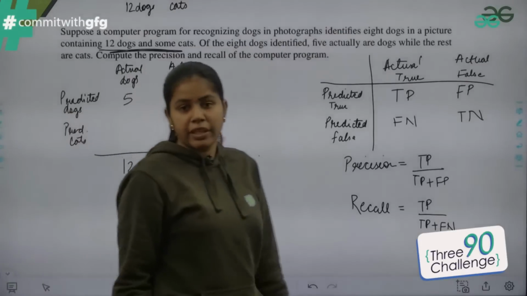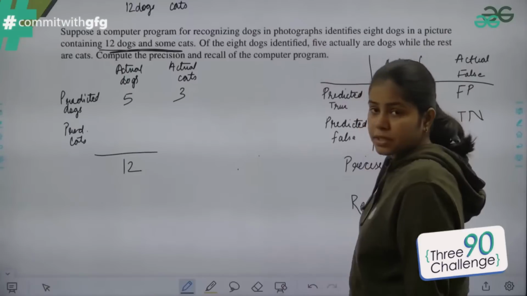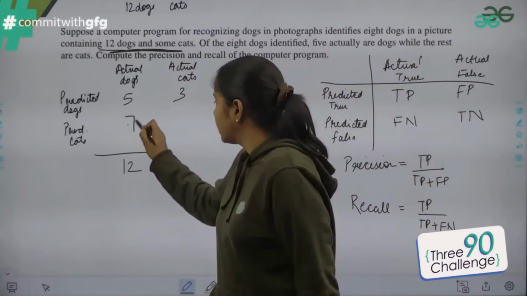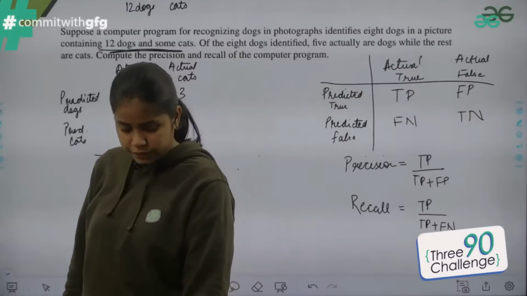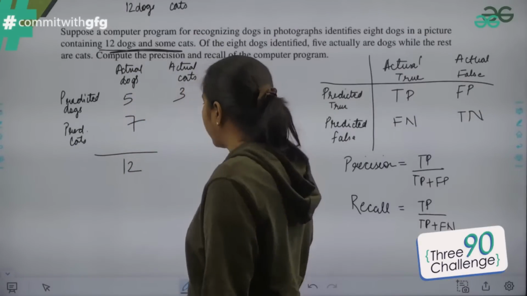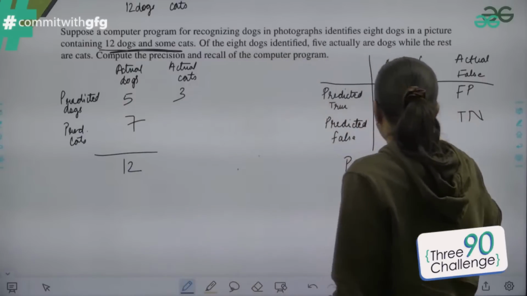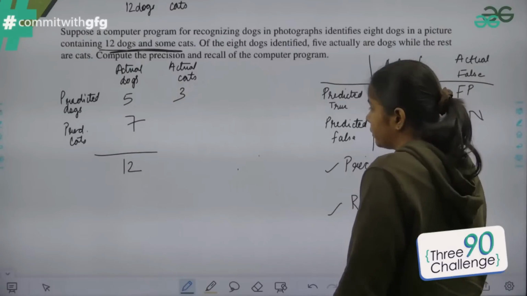Because they are saying that there are 12 dogs and some cats, it would be 7, because the remaining 7 they have predicted incorrectly. Let me know. Now, because I want true positive, false positive, and false negative for precision and recall, just find that out.